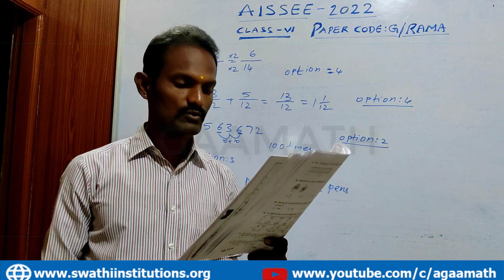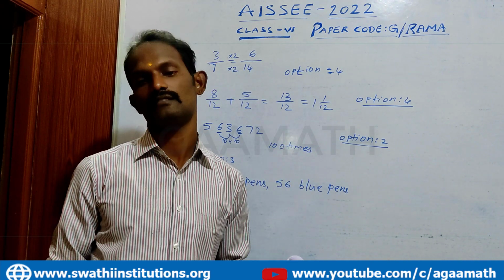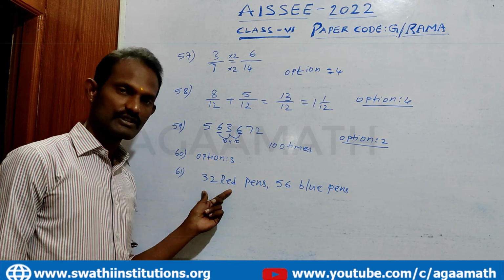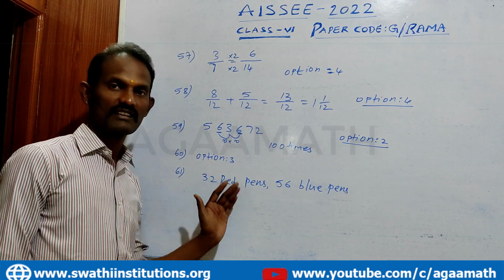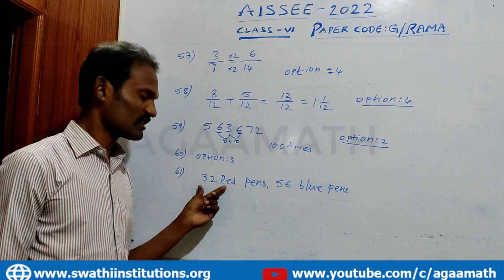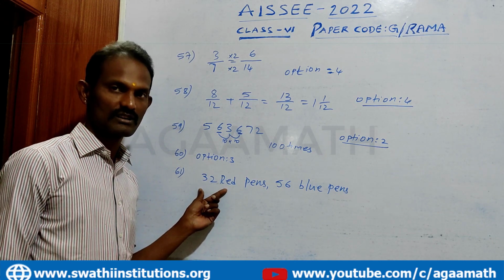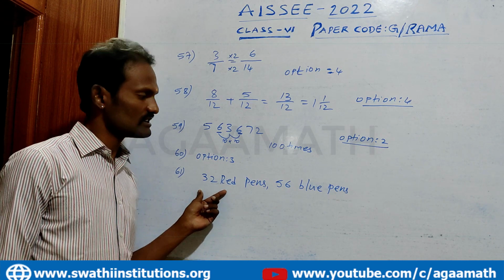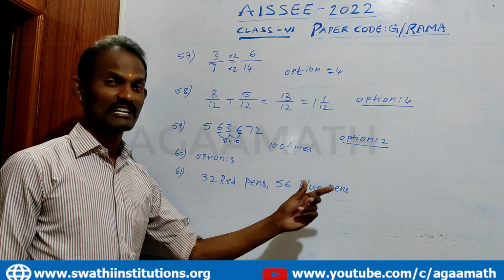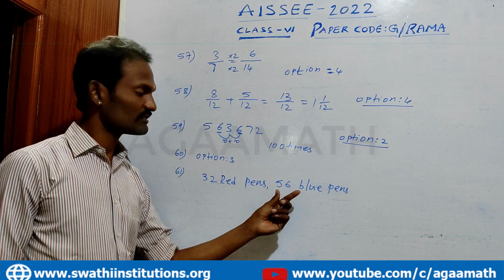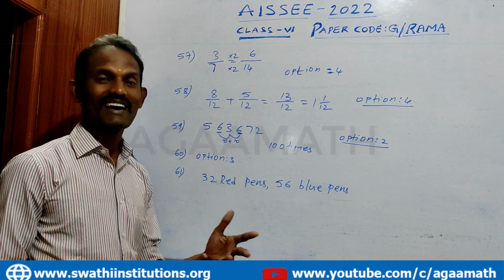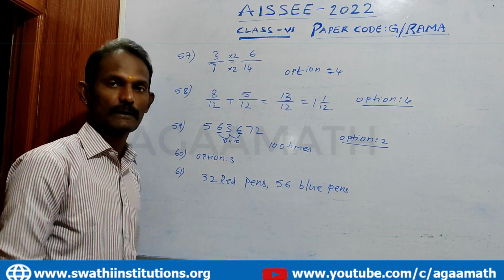So how many pens would be there in the biggest pack? It means if she divides 1 in each, she can make 32 packs, or 2 in each, she can make 16 packs, or 3 you cannot, because 32 cannot be divided by 3. Similarly, 1 in each with 56, and 2 in each with 28 packs, and 3 you cannot, even 4 you can, because 14 packs you can make. In such a way, what is the largest where both should be satisfied?